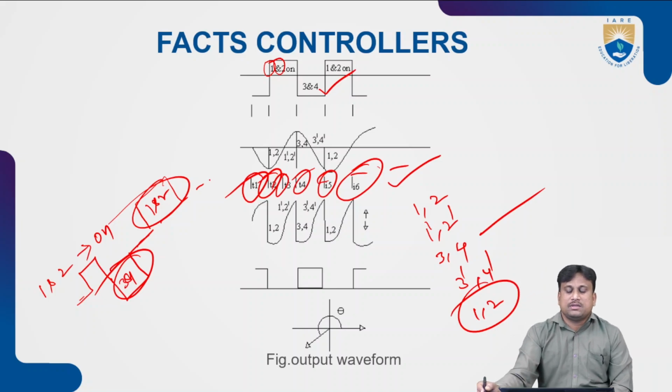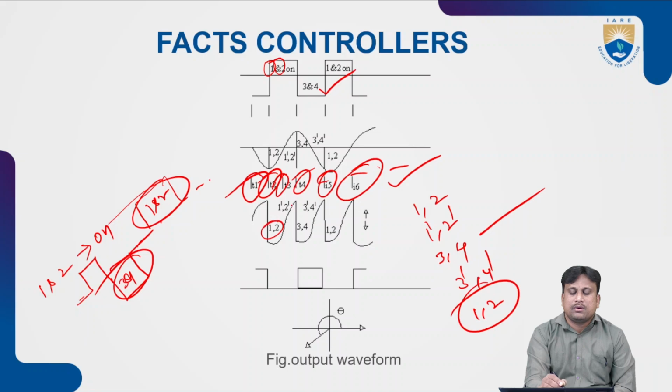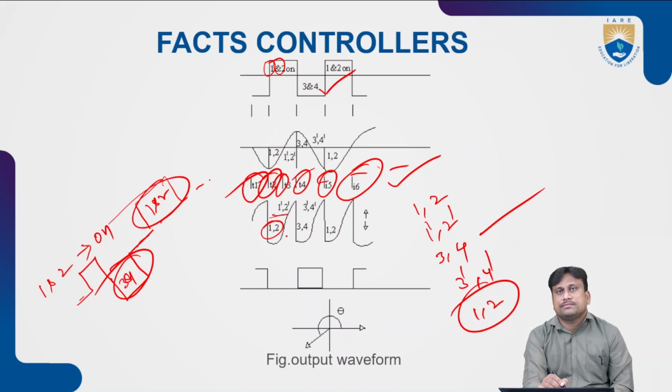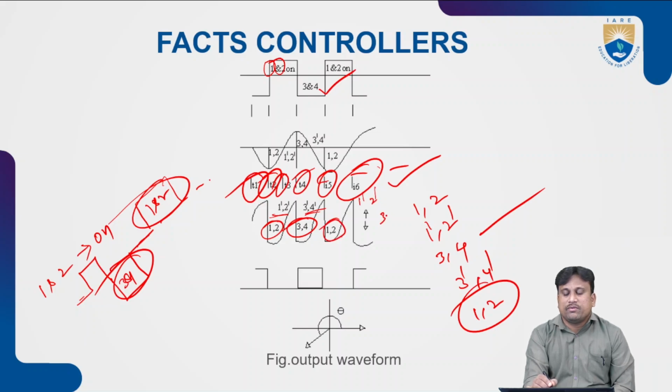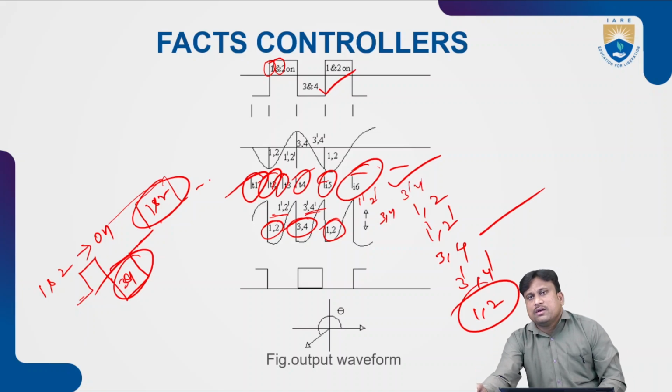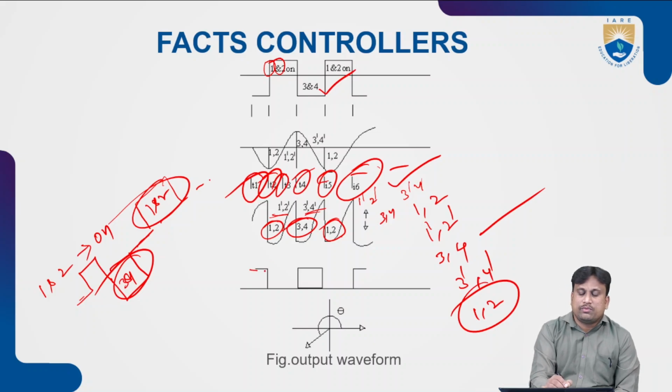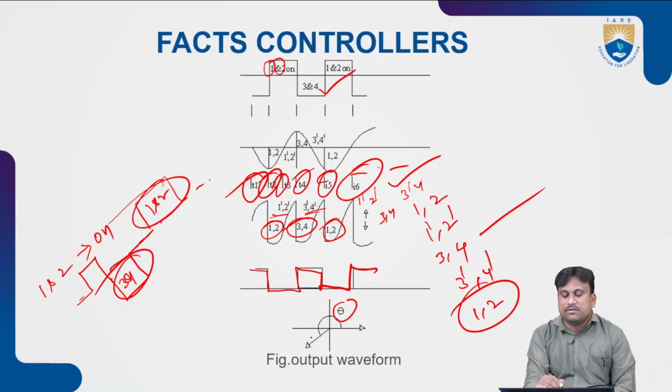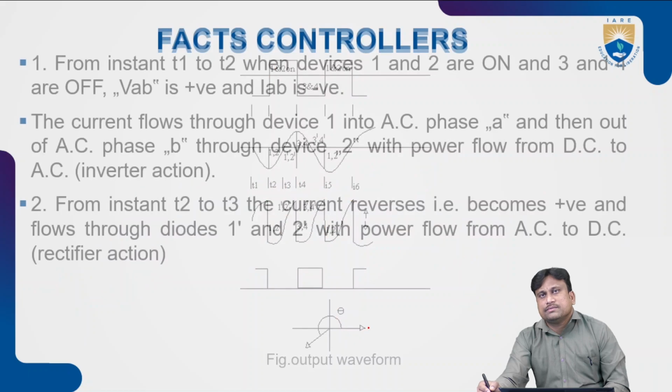According to that sequence the output sequence is followed: for 1 2 it becomes 1' 2', and for 3 4 it becomes 3' 4'. Again the same sequence is repeated continuously. With respect to that, we can generate an output voltage that is pulsating in nature, differing by the angle theta. This is called the output waveform representation.